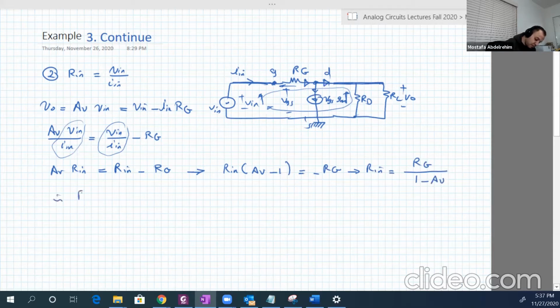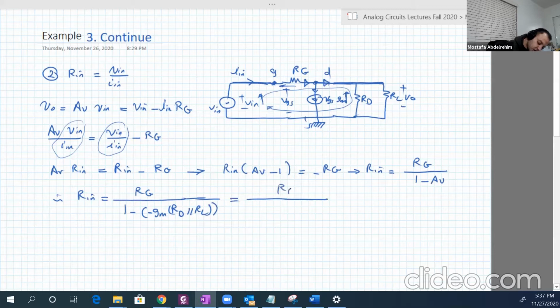Here AV is minus GM times RD parallel RL, so this is basically RG over 1 plus GM RD parallel RL. And we're going to calculate its value. It will be 2.1 mega ohm. Very big as usual.